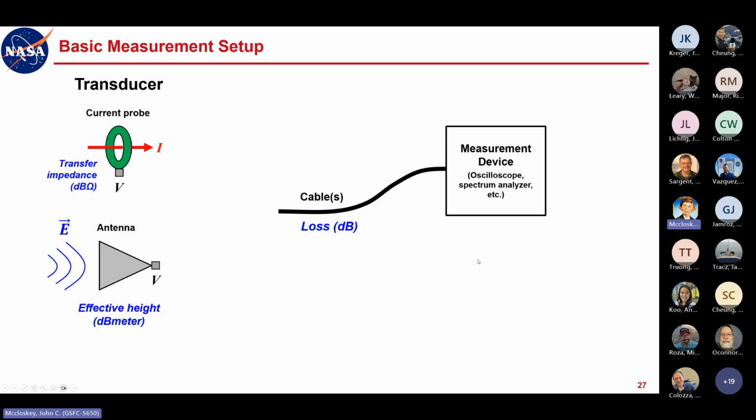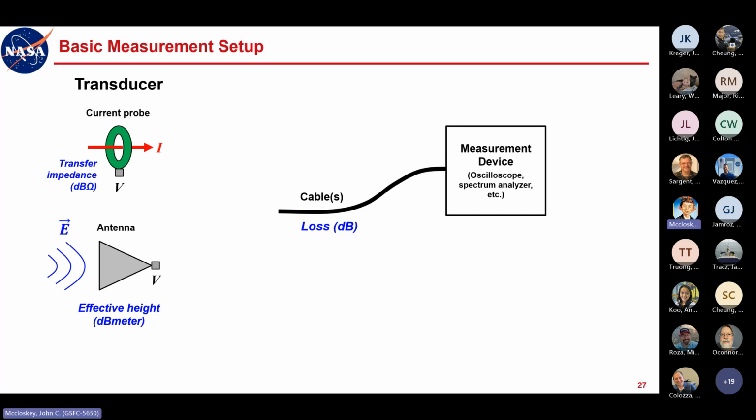Well, you're going to need a cable to get you from your transducer to your measurement device. And so the cable is going to have some loss associated with it. Now, at low enough frequencies, the loss is generally pretty negligible. It kicks in maybe around a couple hundred megahertz, depending on your cables.